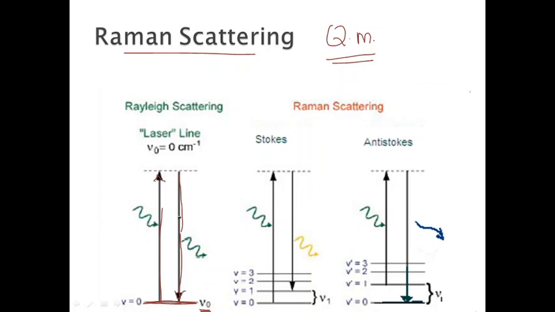In this process, the net energy gained by this molecule is 0, because it started from here, got excited up to a different level, then emitted the photon back and got de-excited to the same initial level. So what is the energy gain or loss by this photon? The photon has gained or lost no energy.